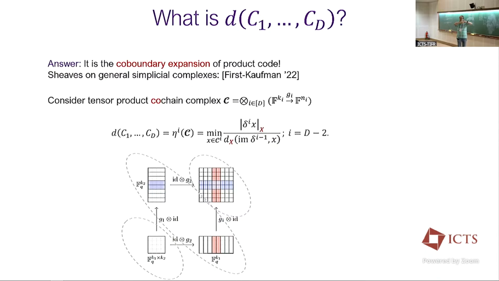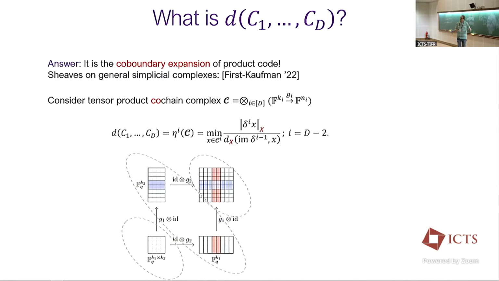But when we have many layers, it turns out that there is a counterexample that shows that you can have codes that have the robust testability property, that have the agreement testability property, but they do not have good co-boundary expansion on the last layer. So it's a stronger property.